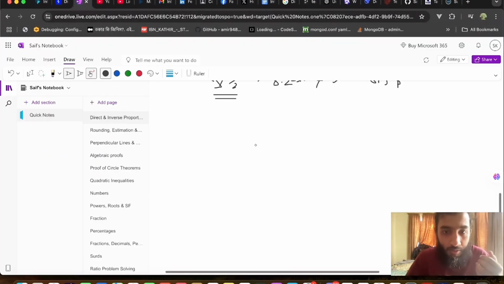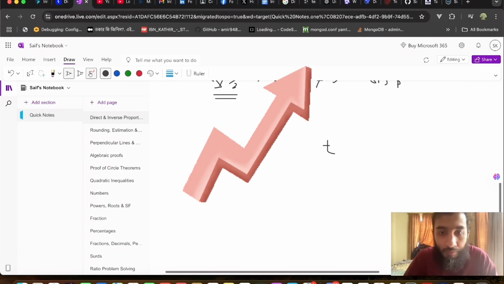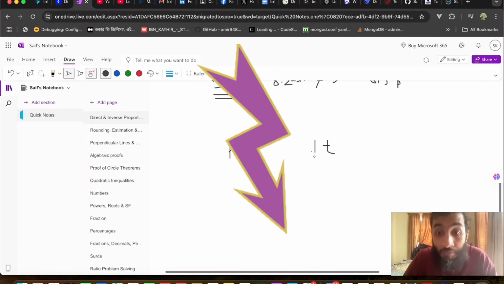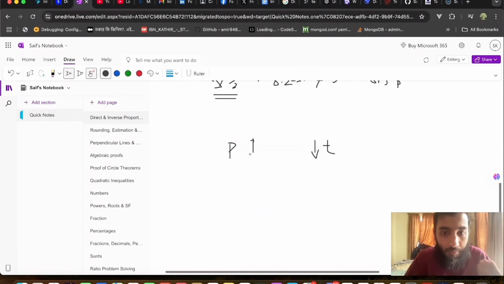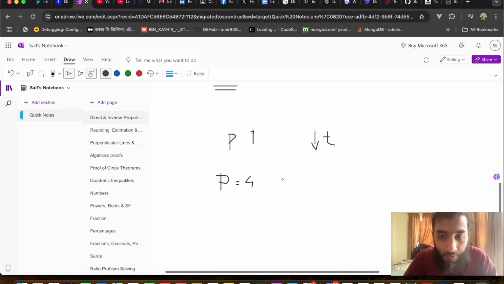If I attempt this problem, there are two variables, P and T. When P increases, T decreases, because P is inversely proportional to T, and vice versa. So when P is 4, T is 12.